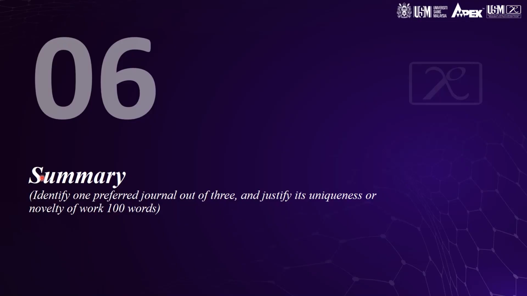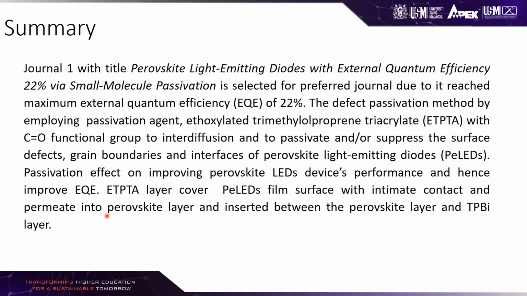Summary: identify one preferred journal out of three and justify its uniqueness or novelty of work. For my summary, Journal 1, with the title Perovskite Light Emitting Diode with External Quantum Efficiency 22% via Small Molecule Passivation, is selected as the preferred journal because it reaches a maximum external quantum efficiency of 22%.